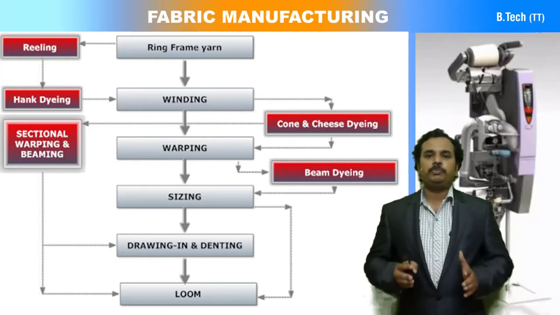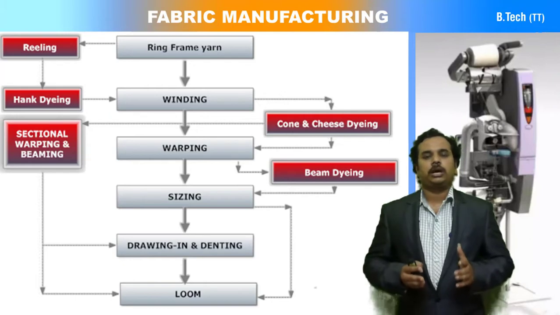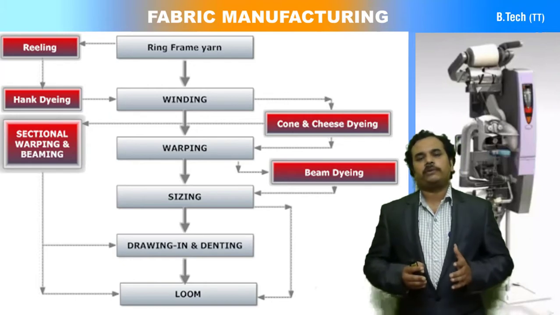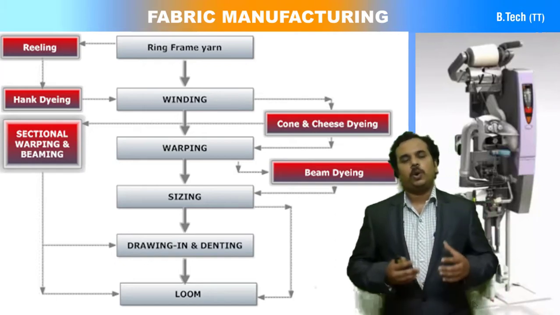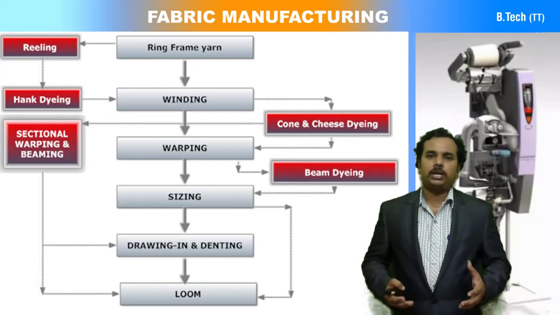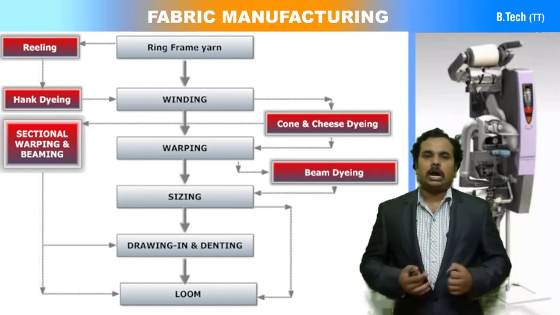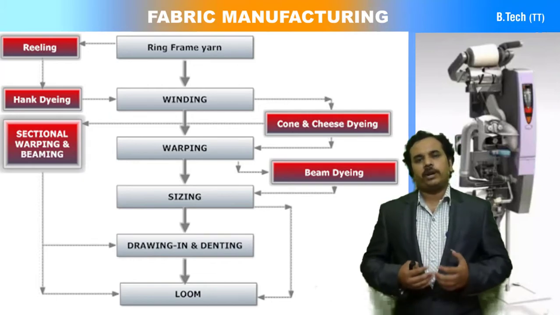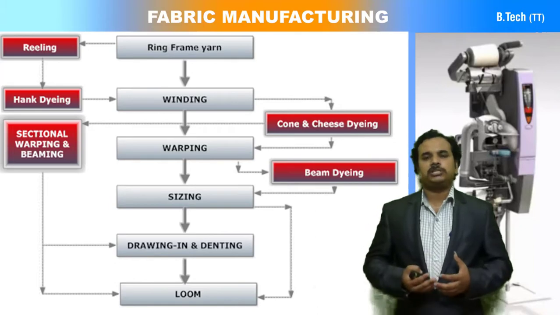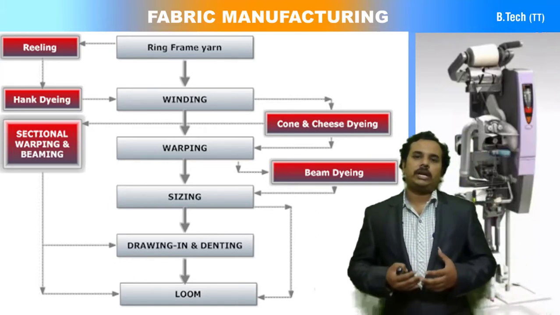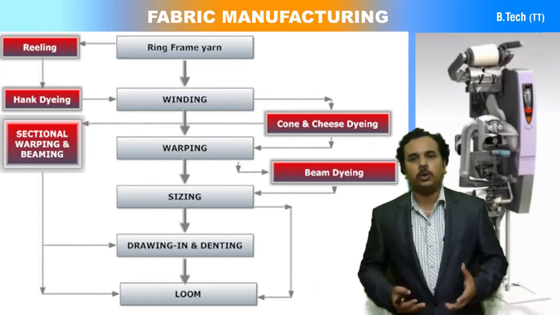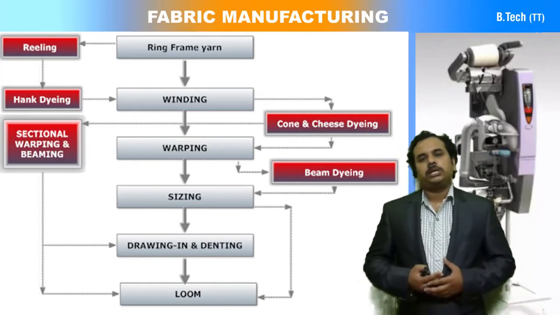The input of the winding machine is ring cops, and the output is cones. A ring cop weighs 80 to 110 grams, and the output cone weighs 1.5 to 1.8 kilograms or 2 kilograms.